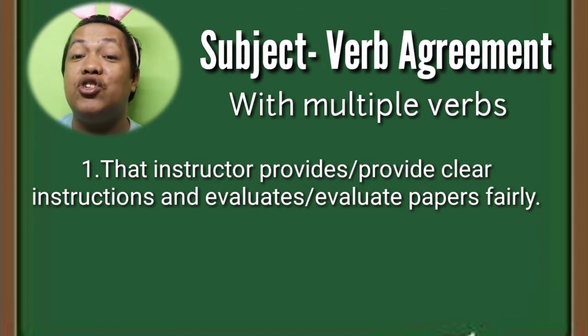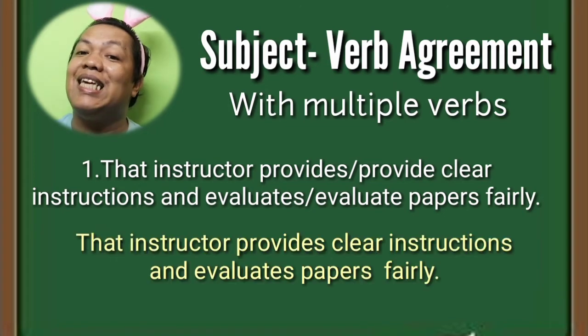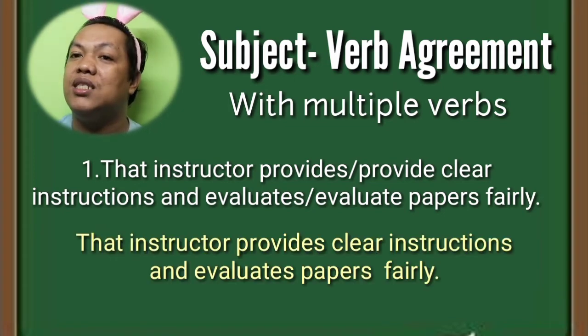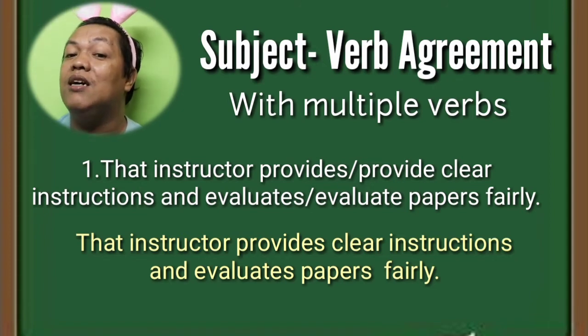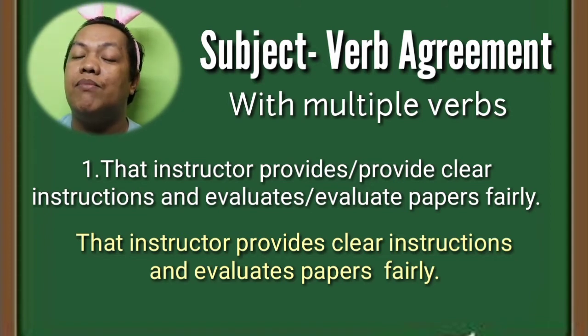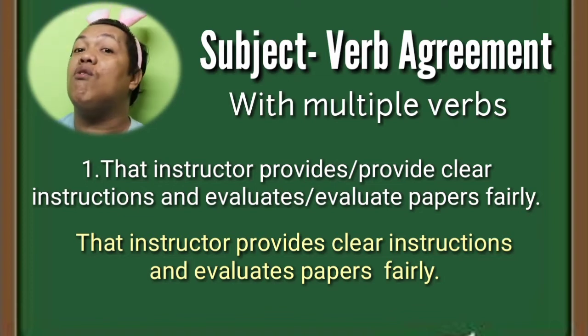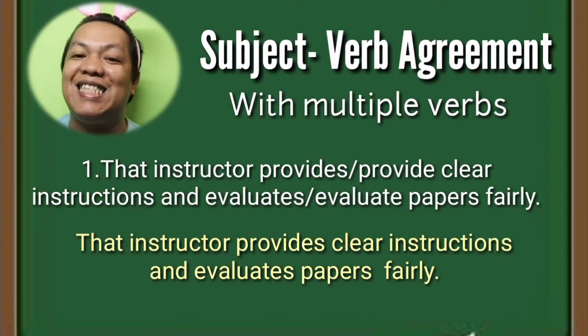Keyword: the subject must agree with both verbs. Your answer should be: that instructor provides clear instructions and evaluates papers fairly. Remember, when you have a singular subject, take the singular verb in the sentence.